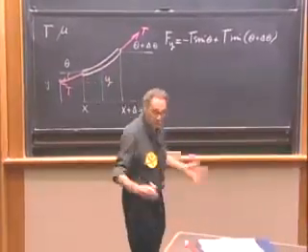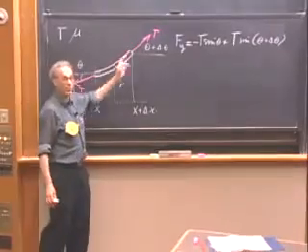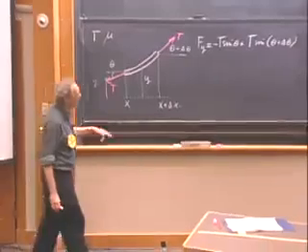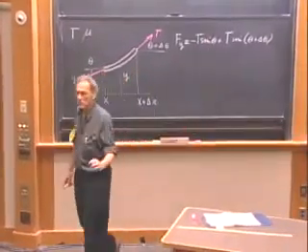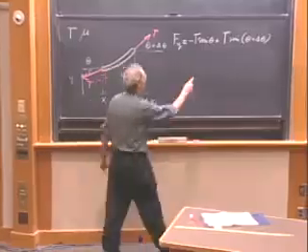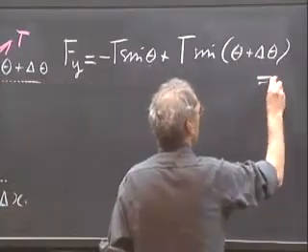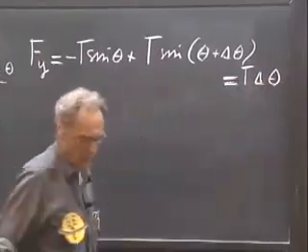But for small angles, and we have to have small angles, otherwise all our assumptions are wrong, the T's are not the same. So for small angles, the sine of theta is the same as theta in radians. And so this becomes theta, this becomes theta plus delta theta, and so this thing becomes T delta theta. That's an approximation for small angles.